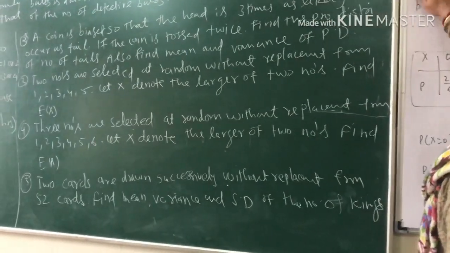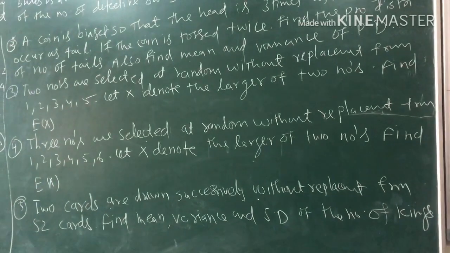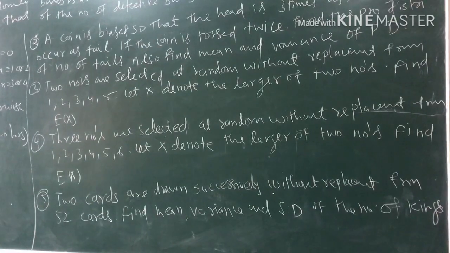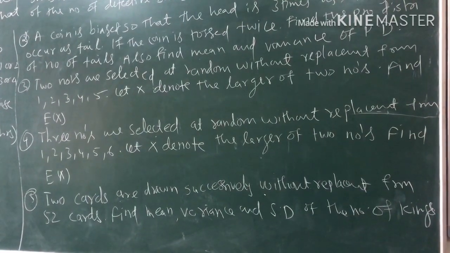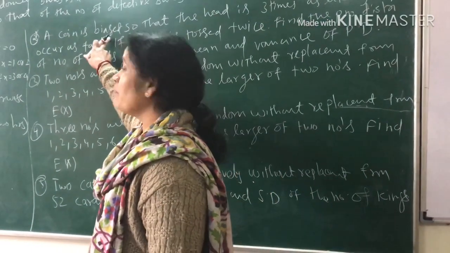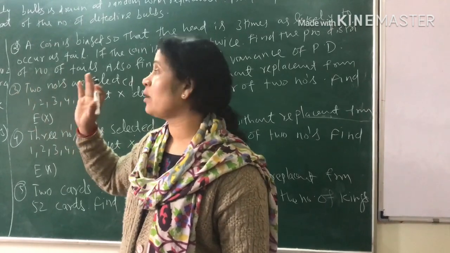Now next question, what they are saying here, a coin is tossed. Which coin, you have to read the question properly. Now see, a coin is biased means partial, so we cannot decide about outcomes.